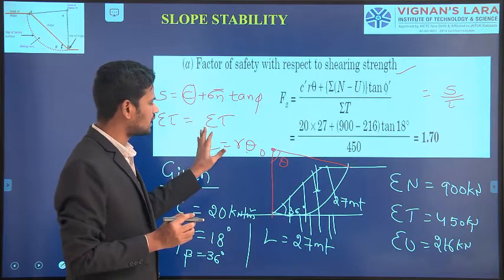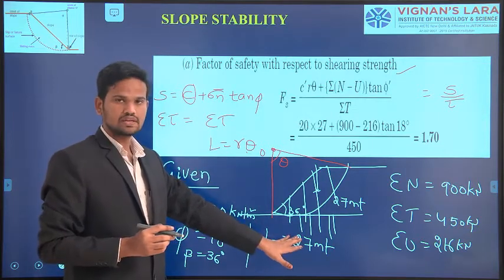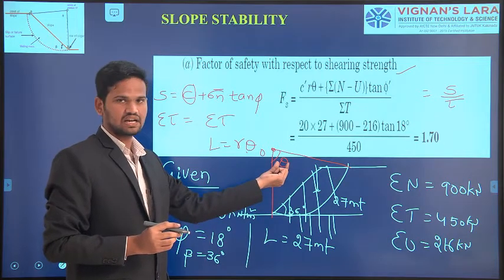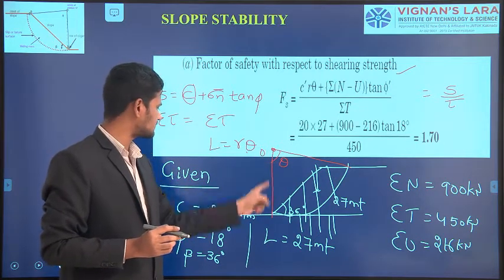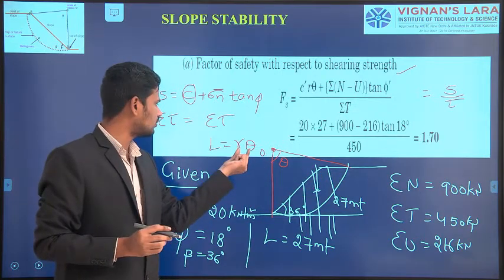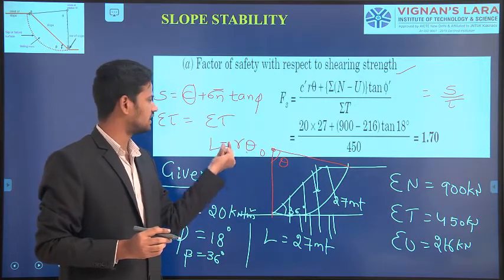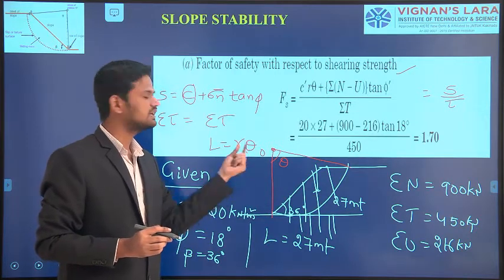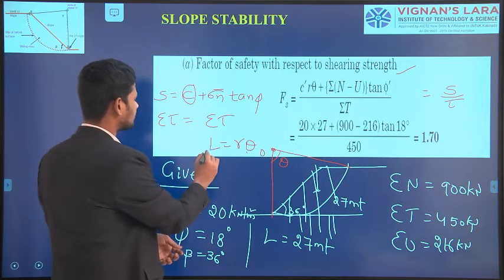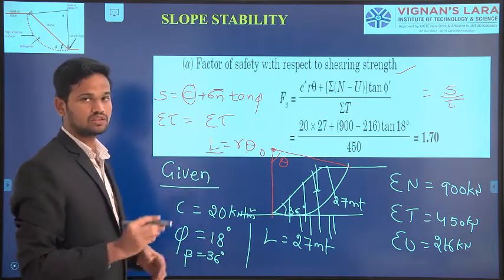In some conditions there will be such questions. The length of the arc may be given directly as 27 meters, but in some conditions they give the center of rotation theta value as well as the radius of the arc. In those conditions we have to calculate r into theta, where r is the radius of the arc and theta is the angle at the center of rotation. By calculating this formula, you can find out the L value, the length of the arc.